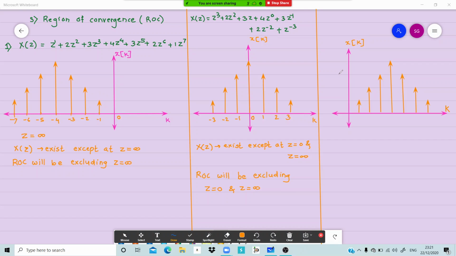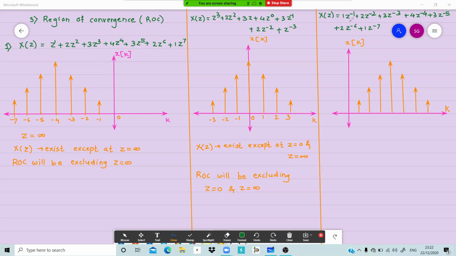And what will be the sequence now? The sequence will be X(z) equal to 1 z raised to -1, 2 z raised to -2, 3 z raised to -3, 4 z raised to -4, 3 z raised to -5 plus 2 z raised to -6 plus 1 z raised to -7.